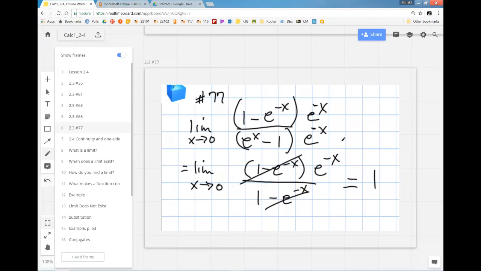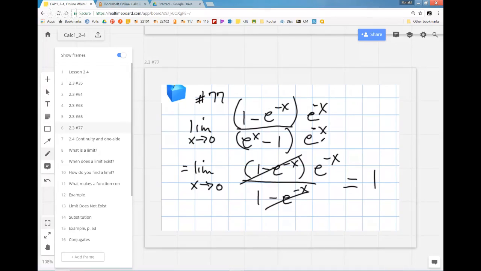So I multiplied both top and bottom by e to the negative x. The reason I did that is that on the top you can't do anything, but on the bottom, what is e to the x times e to the negative x?